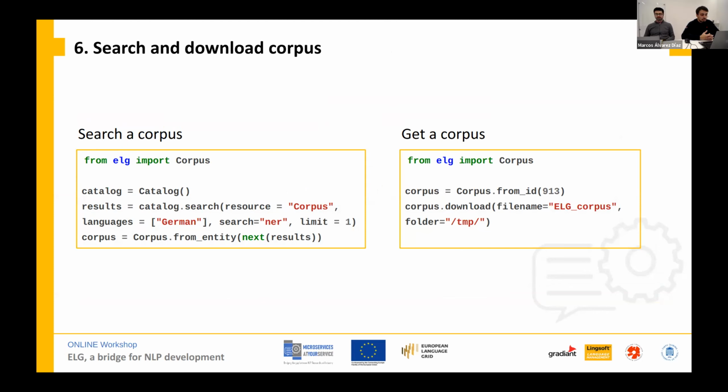You can also search for corpora from the catalog by indicating the resource type corpus. And once you have the ID of the corpus you want to explore or download, you just have to indicate the download command in Python, the folder or directory where you want to download it, and the name you will give to it. So it's as simple as this.